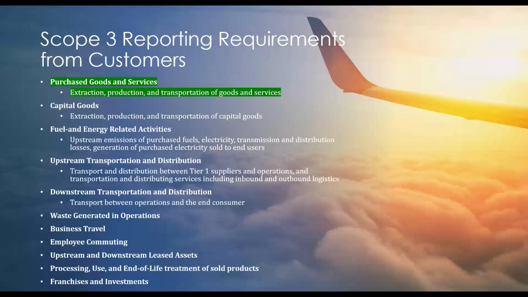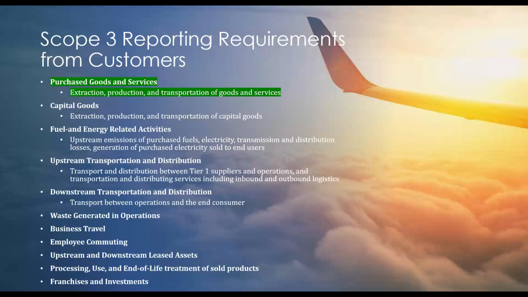One thing we know for sure is many companies have set science-based targets, and they're setting goals to become net zero carbon, net zero impact from a carbon footprint perspective and greenhouse gases. And what they're finding is they can definitely do work on their own scope 1 and scope 2 emissions, which is the fuels and energy they use, but they're finding that a huge percentage of their impact is driven by their suppliers.